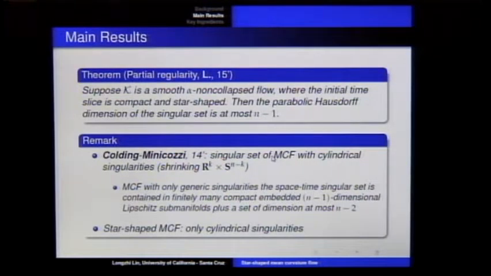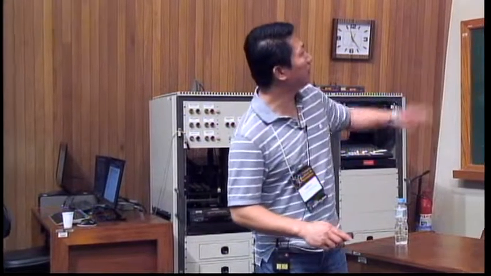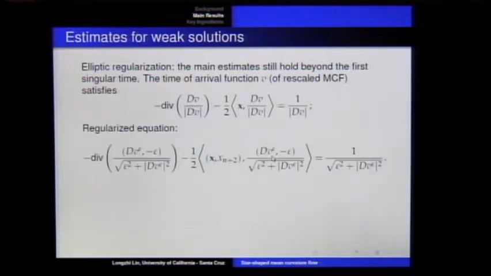All right? Right. So I guess I'm running out of time. I'm going to just say this: we proved that the star-shaped mean curvature flow would only have cylindrical singularities. So I'm going to skip this. Using elliptic regularization, you can prove that all the estimates and results hold beyond first-time singularities, using Evans-Spruck elliptic regularization.